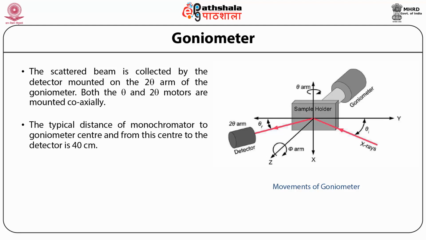Both the theta and 2 theta motors are mounted coaxially. The typical distance of monochromator to goniometer center and from this center to the detector is of the order of 40 centimeters for a lab goniometer. Movements of the goniometer are indicated in the figure.